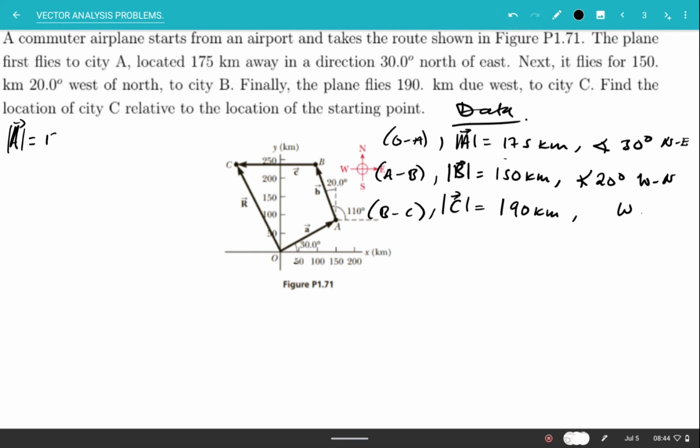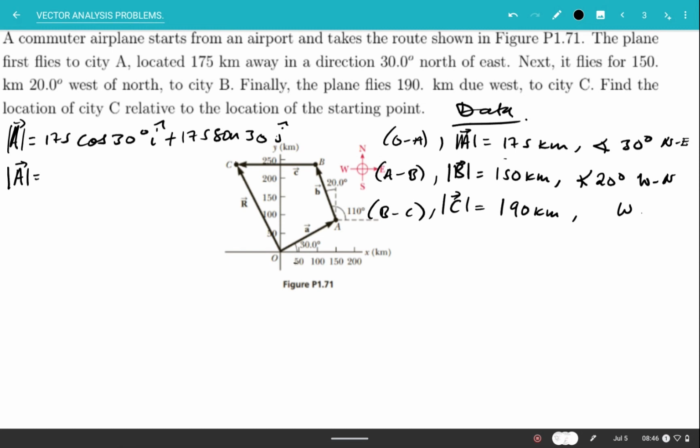So I'll say 175 cos theta, which is 30 degrees, and that's in the I, plus 175 sine 30 in the J. Then you can compute these values to get one perfect value.